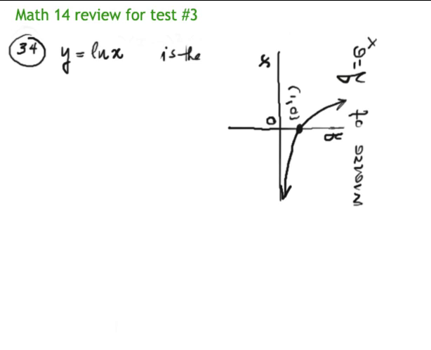This point here is 1, 0. This is our x-axis, and this is our y-axis. And that's the graph. And so from here we can see the domain and range. Well, the domain, you see the graph is entirely to the right of x equals 0.